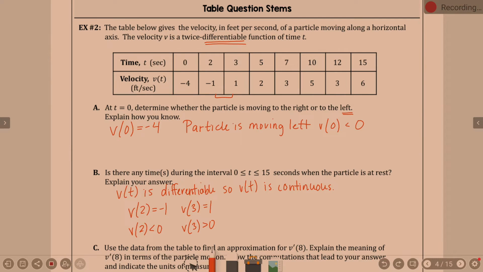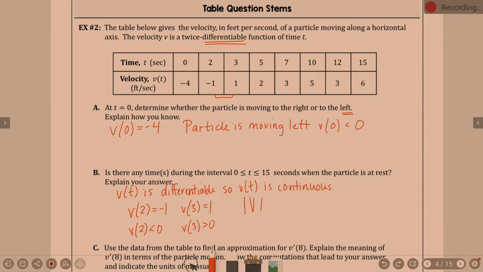Do you remember? Is it the squeeze theorem? No. The squeeze theorem just says if it's between two functions. This one is specifically if it's continuous and there's a value in between them, it has to connect. Remember the intermediate value theorem, IVT? Okay. The IVT says there exists a time between 2 and 3 where the particle is at rest.